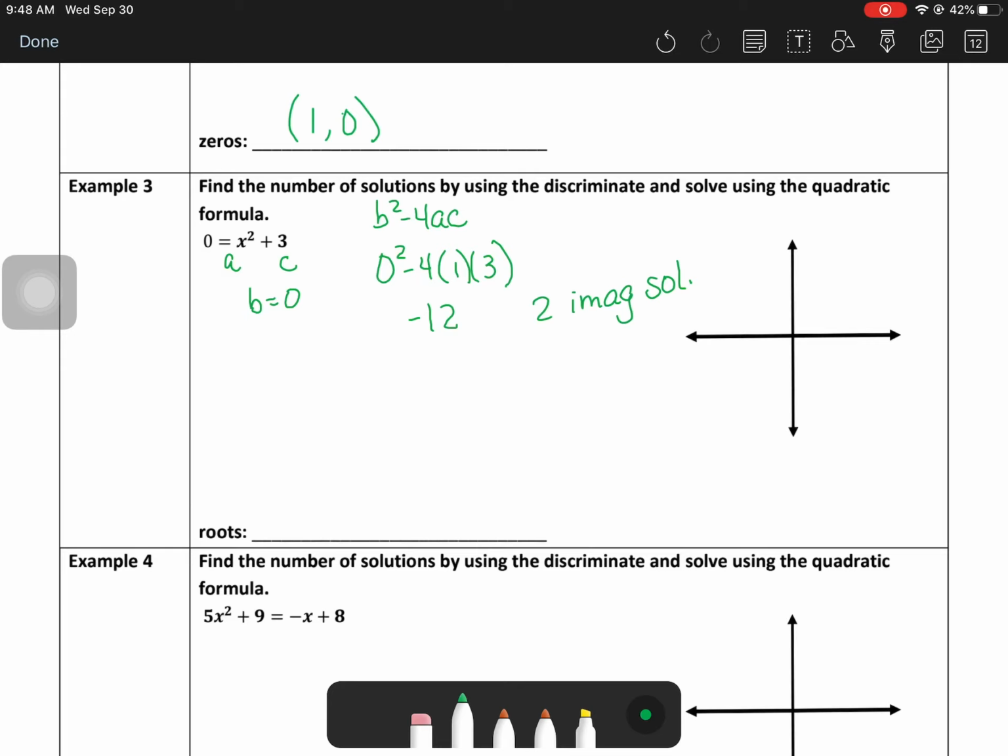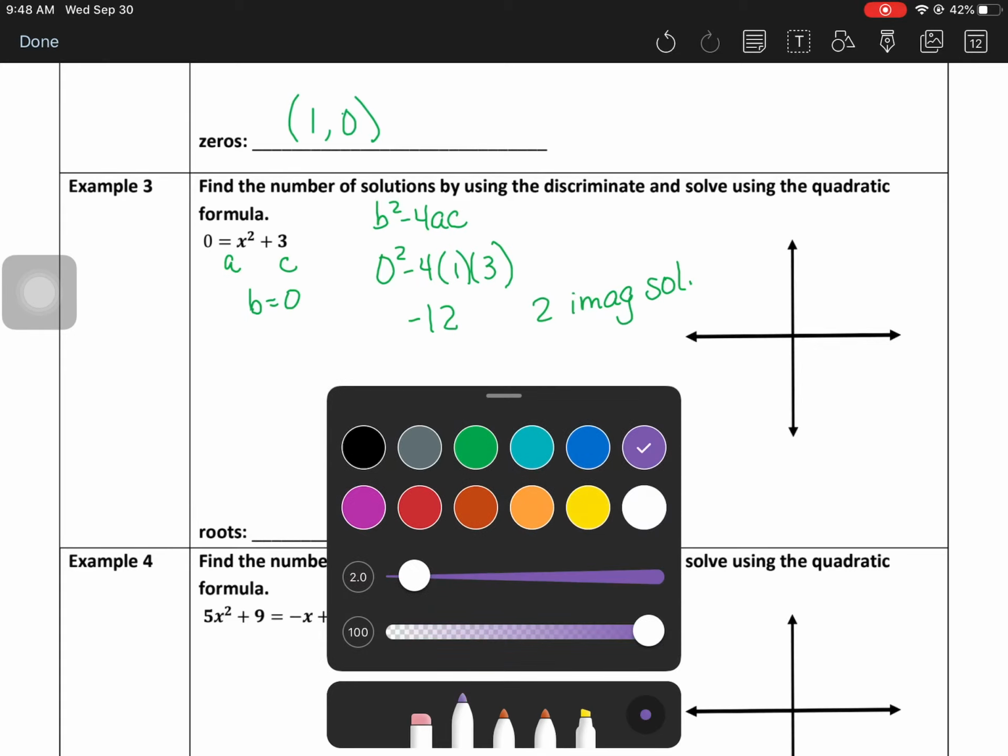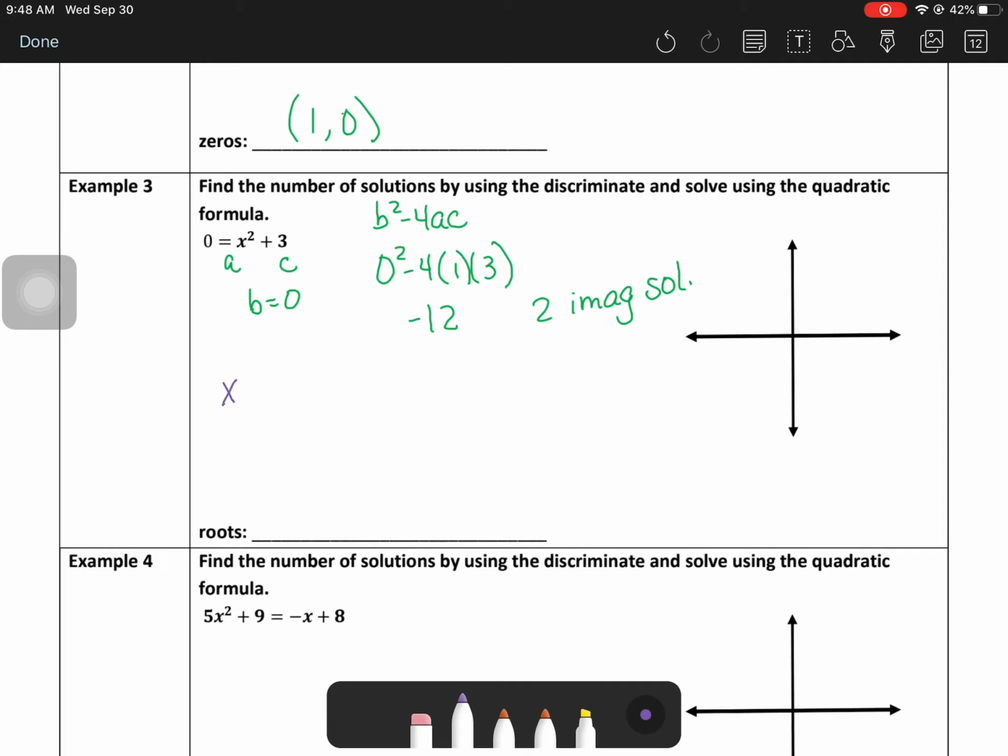So let's finish our quadratic formula. X equals -b, that's 0, plus or minus the square root of -12 all over 2 times a, 2 times 1 is 2.